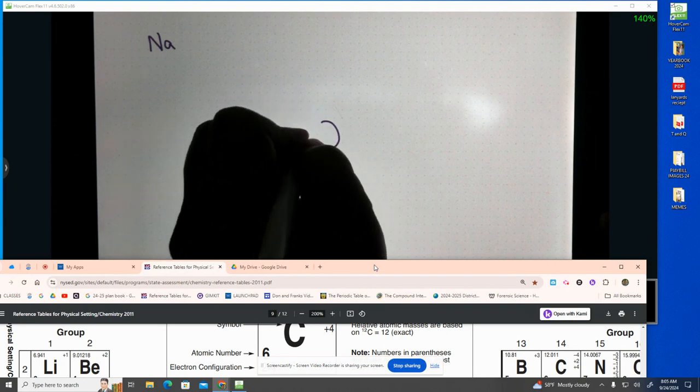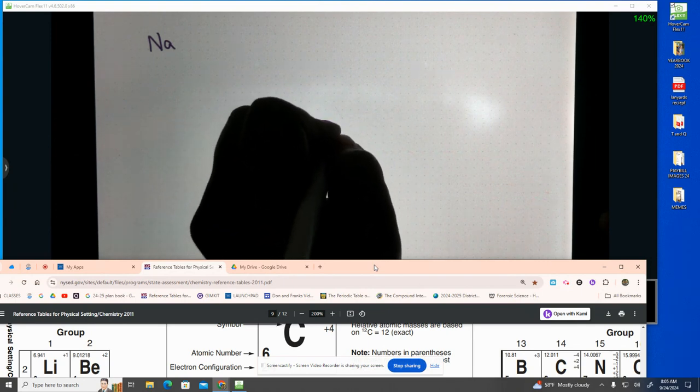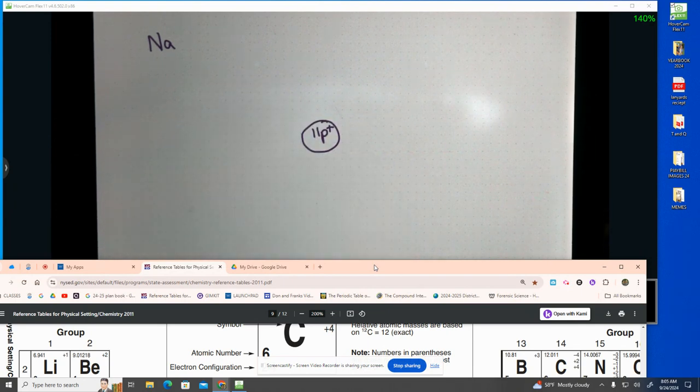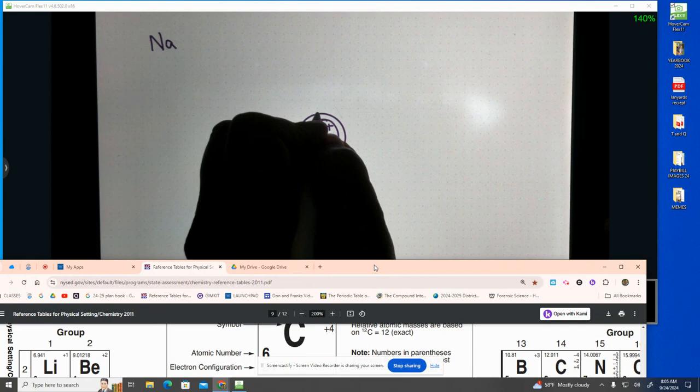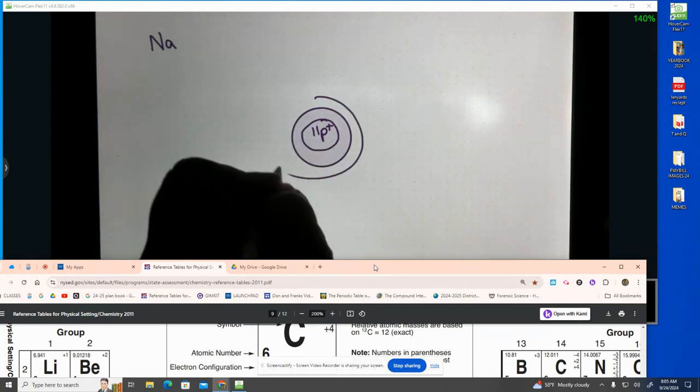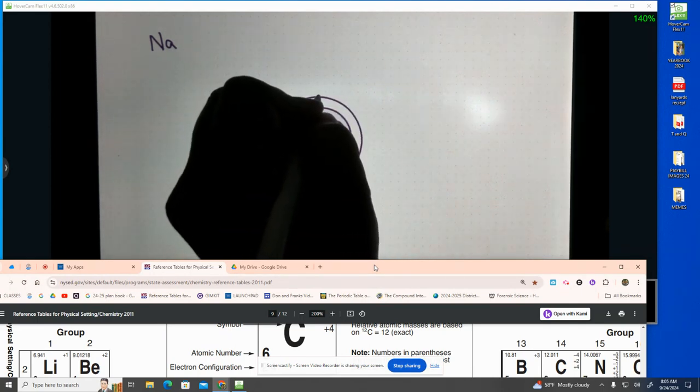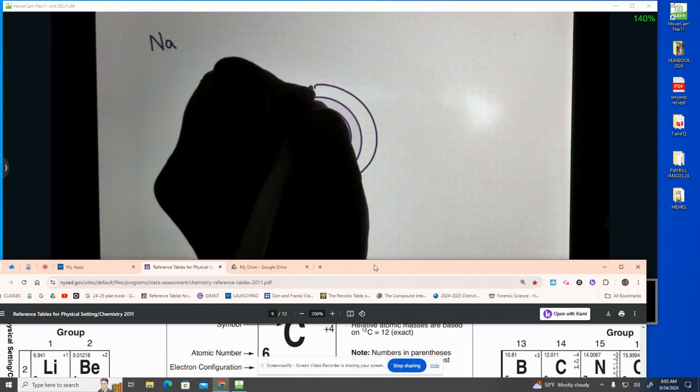Now let's take a look at sodium. Sodium has 11 protons in its nucleus. If you don't believe me, take a glance down at your periodic table. It's on the left-hand side, in the first group, group 1. See it there? Okay, so how many rings or energy levels does sodium need to have? 3.